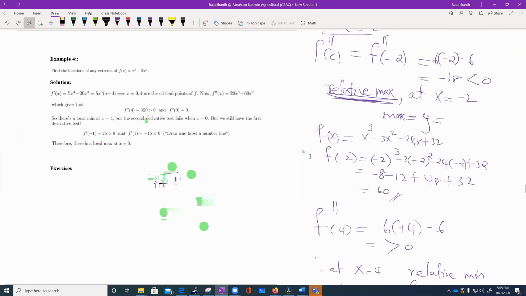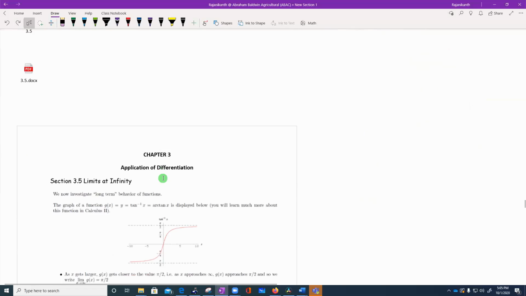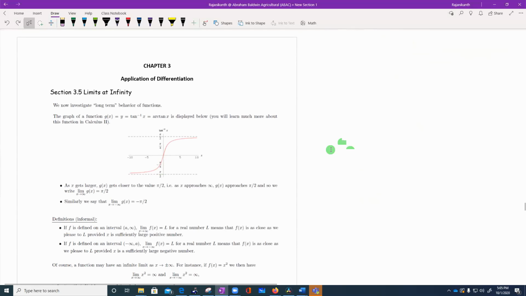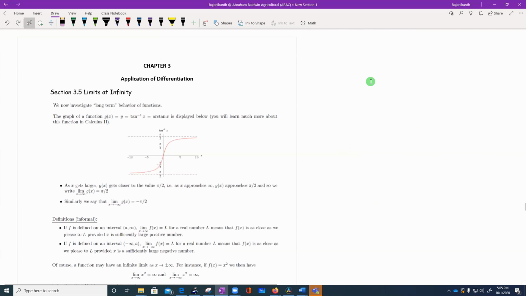So now let's move to the last section for today. This is finding the limits. Okay, now we are going back to the limit problem, but now we are going to find the limit at infinity. Earlier, remember in chapters 1 and 2, we found the limits for any function at the real value a, right?